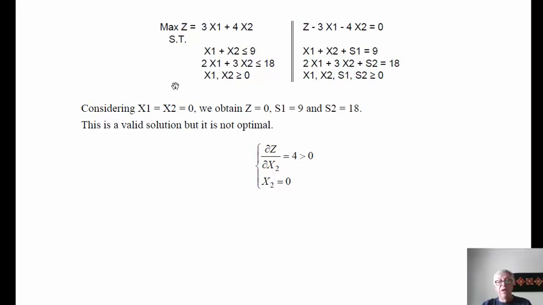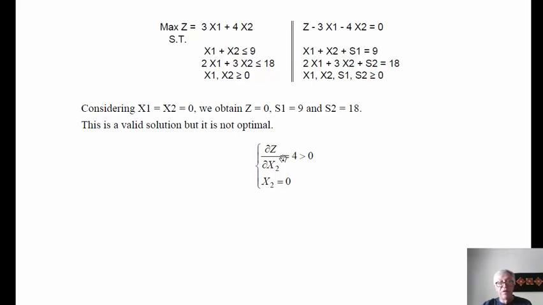Here we try to explain why the solution is not optimal. The solution that we extracted from these expressions, or from the previous table, is: if we consider x1 and x2 as 0, that is the non-basic variables, we then obtain directly z equals 0, s1 is 9, s2 is 18. However, we also have the partial derivative of z with respect to x2 as 4. That is, it's a positive quantity.